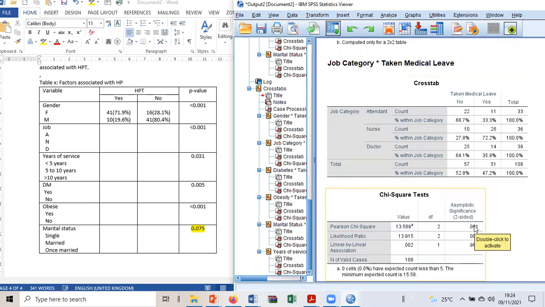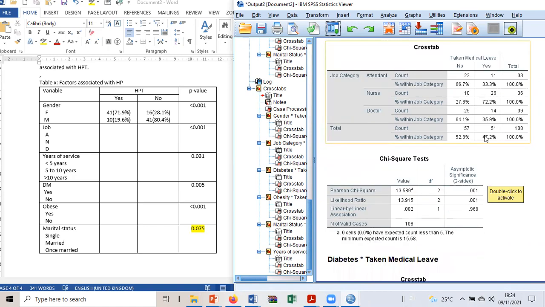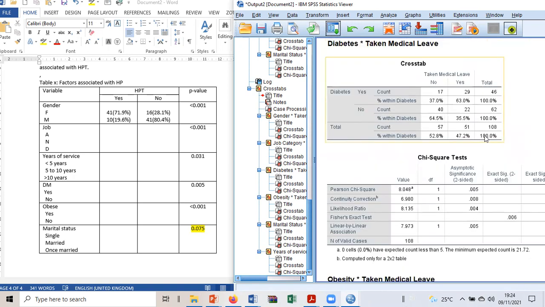Job category. Who takes more MC? Look at the yes. Nurse, 72%. Next, diabetes. Diabetic, does it make a difference? What's the p-value? 0.005.